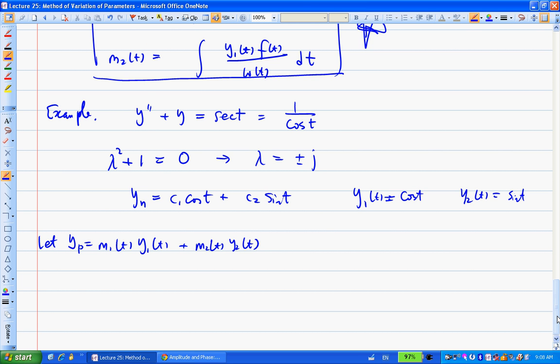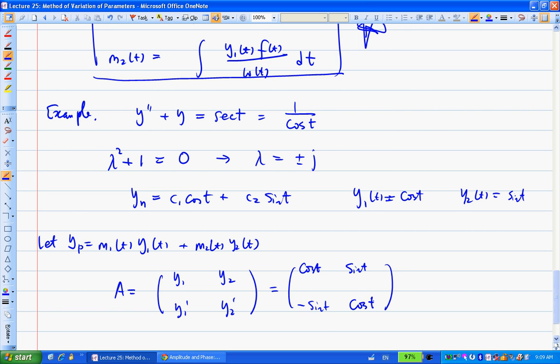Before we solve that, we have to form our matrix A, which has y1, y2 in the first row and y1 prime, y2 prime in the second row. So calculate the derivatives based on y1, y2. First row is cos t, sin t. Second row is the derivatives, so negative sin t, cos t.